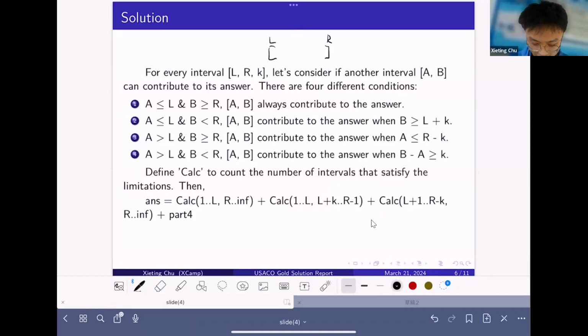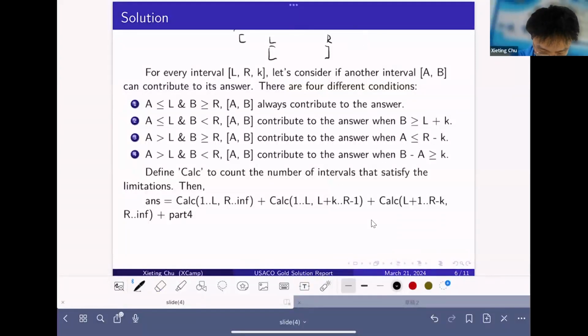There are 4 different conditions. The first condition is that A is at the left of the interval and B is at the right of the interval. Then LR is totally included in AB, so AB always contributes to the answer.